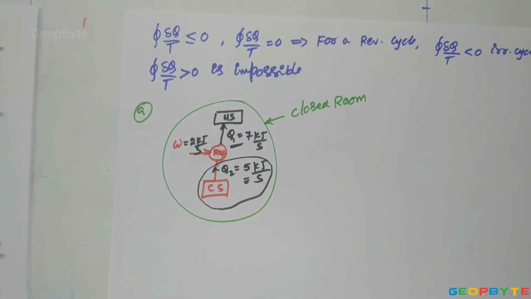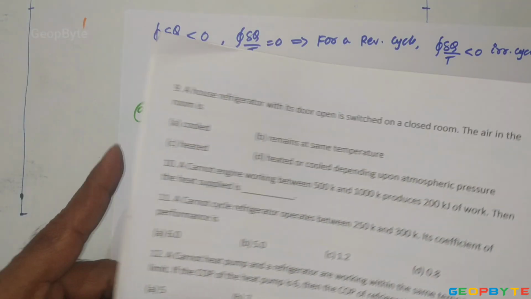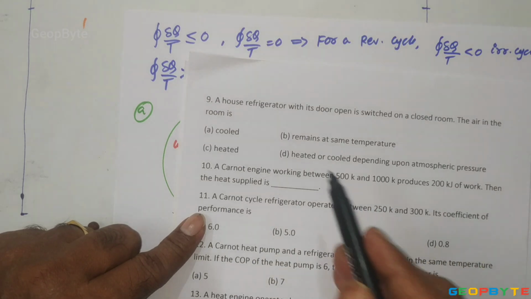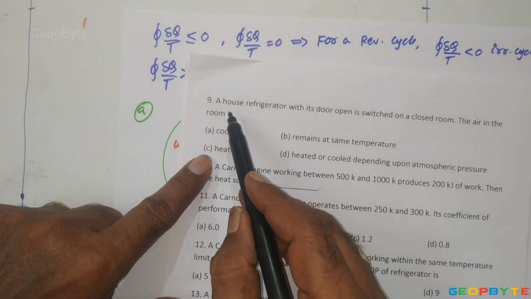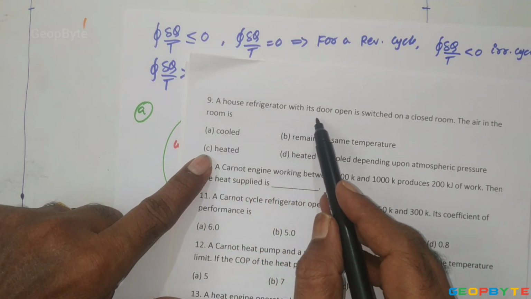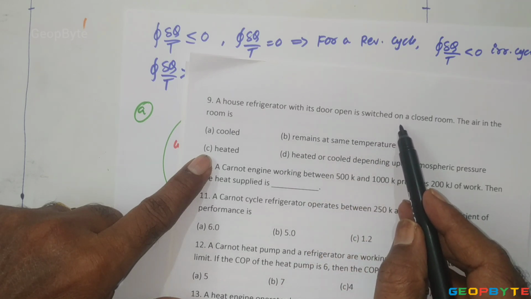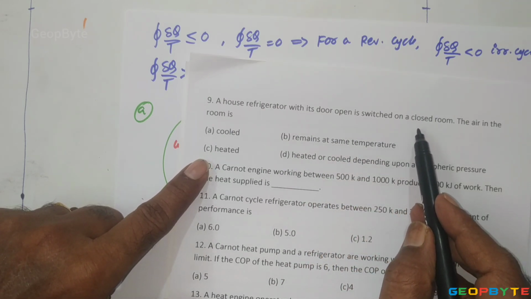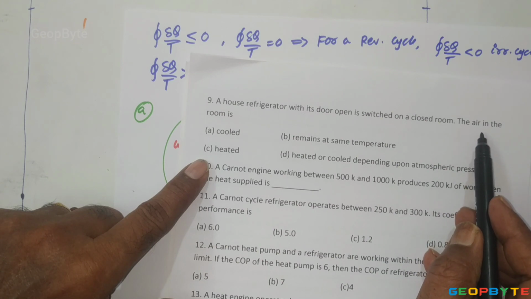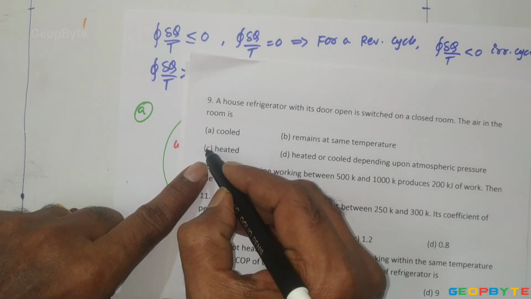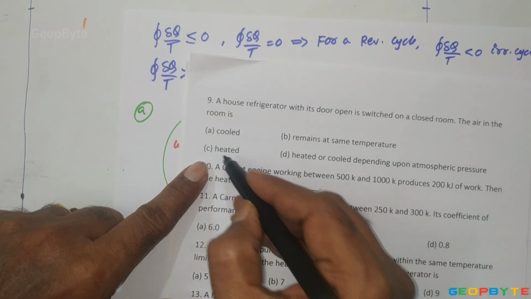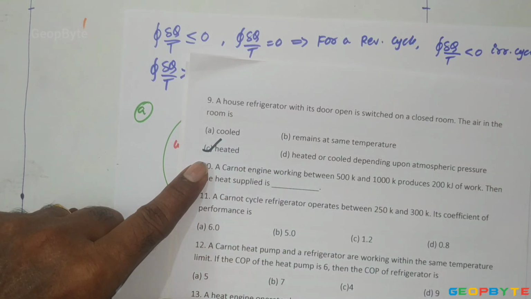So the air in the room is slowly heated up. Option C is correct.